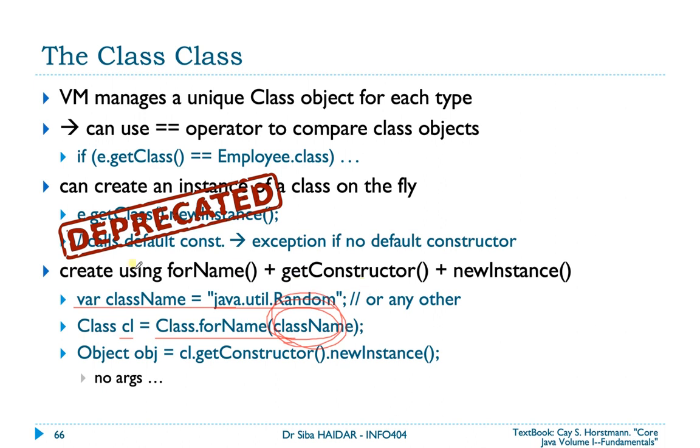So you have now the class Random, and then you want to create an object of this type, so you say Object obj equal cl.getConstructor().newInstance(). You get the constructor of the class Random, then newInstance, and this is just like if you were writing Object obj equal new Random() constructor.